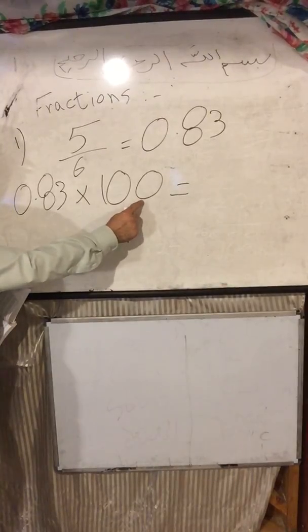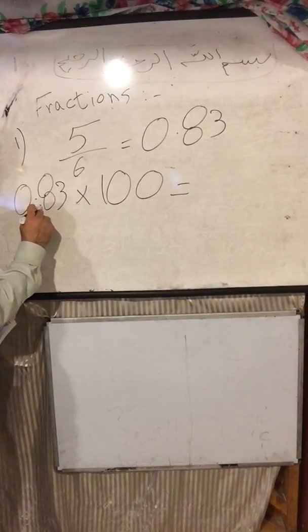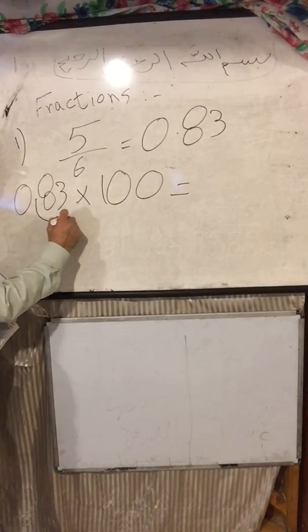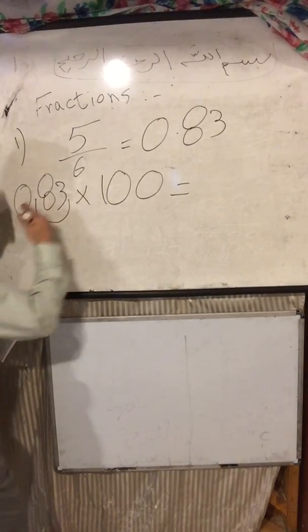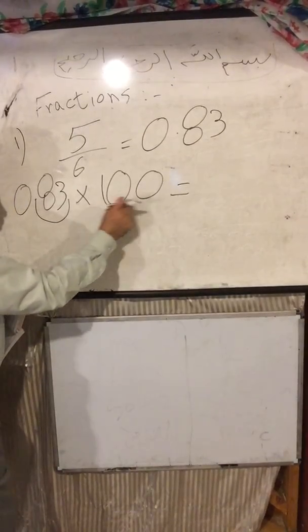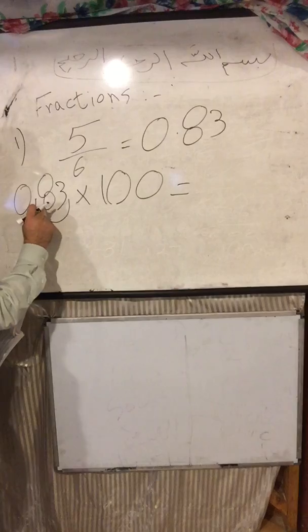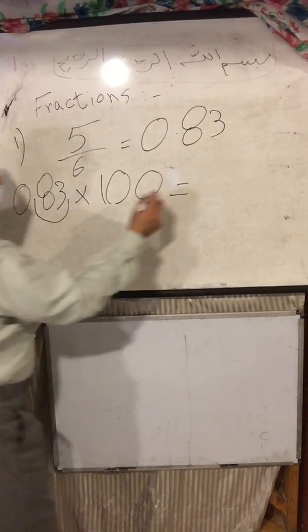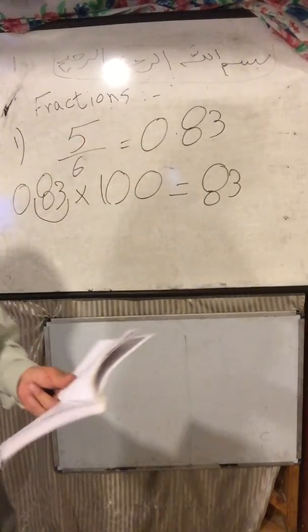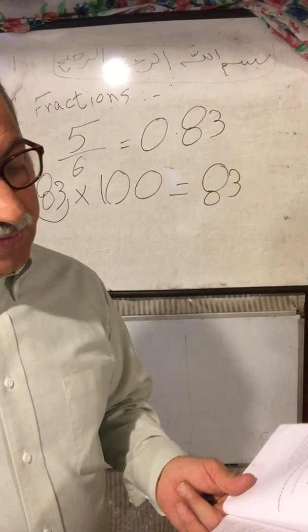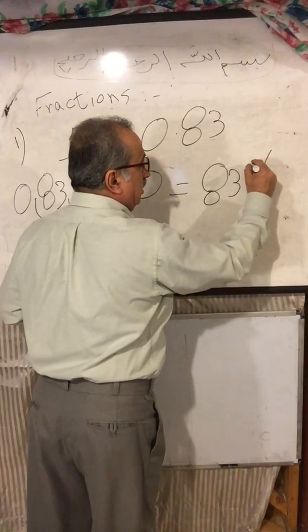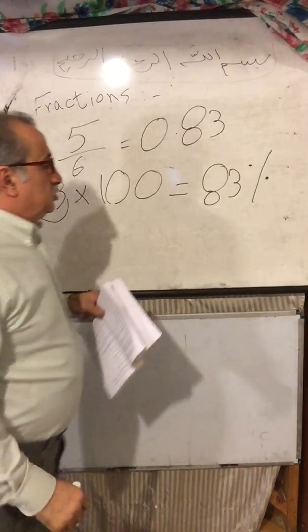Remember, there are 2 zeros, and we're multiplying, so the decimal point goes 2 locations to the right, so the answer is 83. But since it is a percentage fraction, it's 83%.